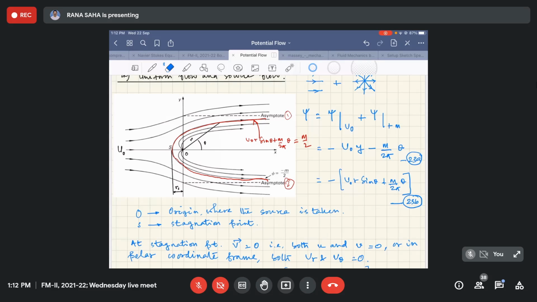And then we attributed that to the expression of the stream function, and that we denoted as the equation of the streamline passing through the stagnation point.